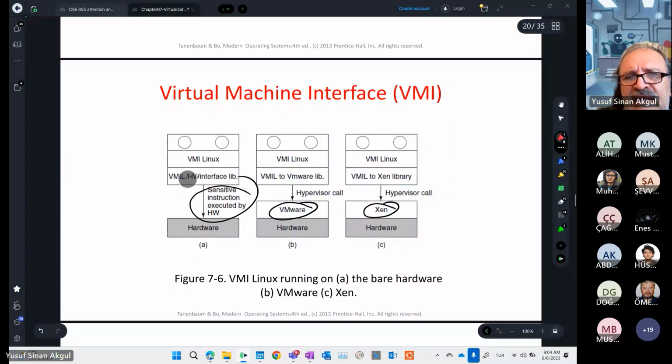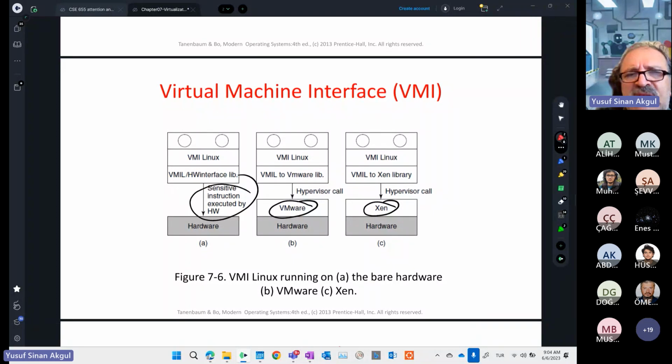There is a library here, and another library to make it possible to use it on VMware or Xen hypervisor. So if I put this library under the virtual machine interface, Linux or modified Linux can run anywhere, right? It can run either on basic hardware or on VMware or Xen or whatever.